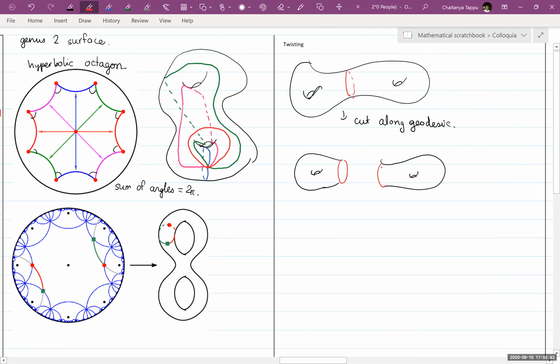Let's say this point was identified over here, and then you twist and you glue back.